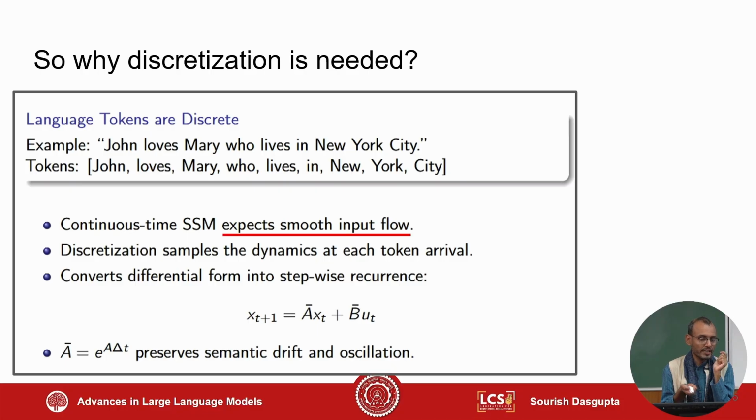Okay. So this is what we do not want, the expectation that there will always be a smooth input flow, because that's not how language works. And that is why the discretization is needed. Okay. And what we are doing is we are sampling.